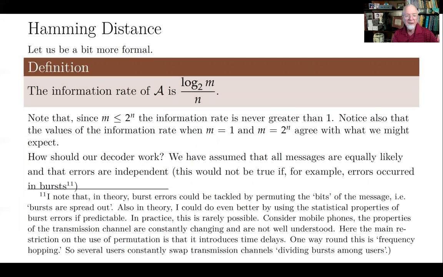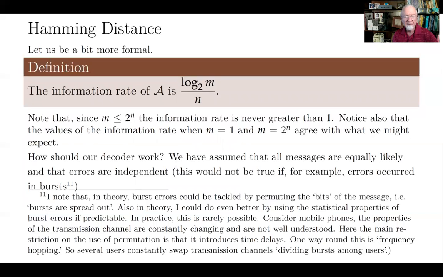So the information rate is the log of the number of messages, 2 to the n in any code, log of that divided by n. So the information rate is never greater than 1.